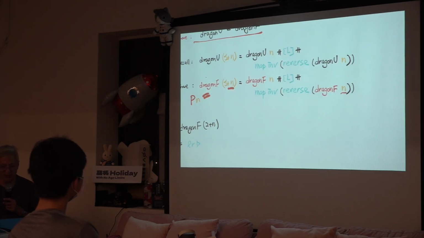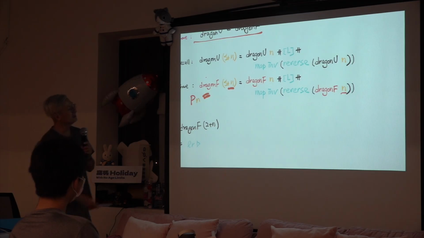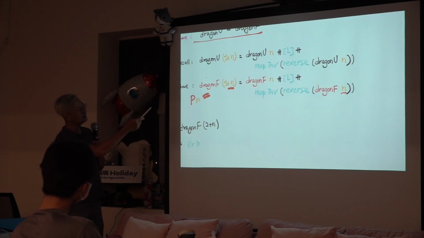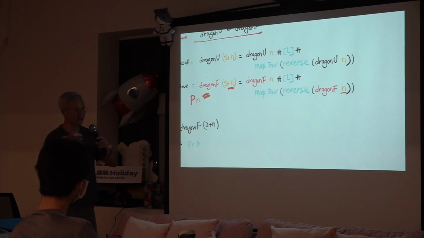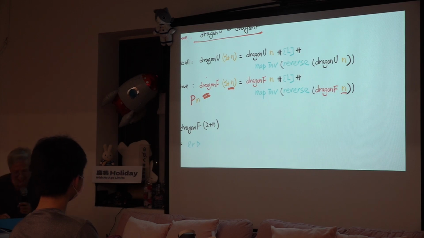We're going to show that this holds for n being 0, and also prove this property for 1 plus n, assuming that it holds for n. The 0 case we're going to skip because it trivially holds. Both sides reduce to one single L. So the case for n being 0 is simply true.